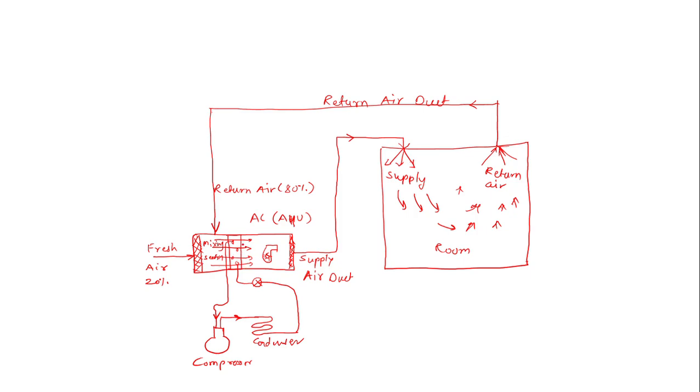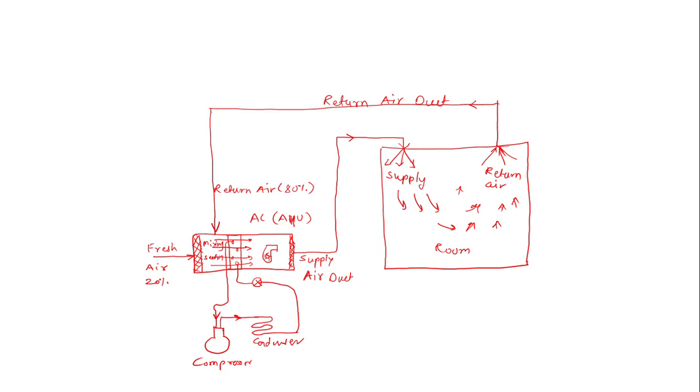Because of the absorption of heat from the warm air in the cooling coil, the air becomes cold, and now that cold air will be supplied with the help of the fan and the supply duct to the room. That cold air absorbs the heat from the room, and again it is taken back in the return air duct, and from the return air duct it is supplied back to the mixing section.